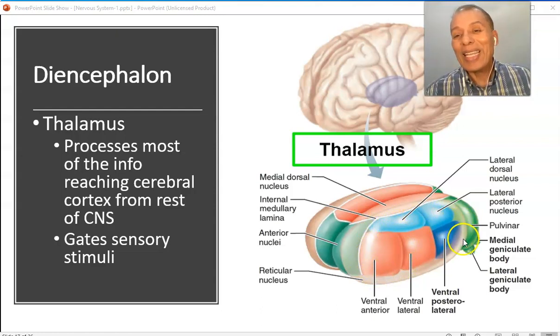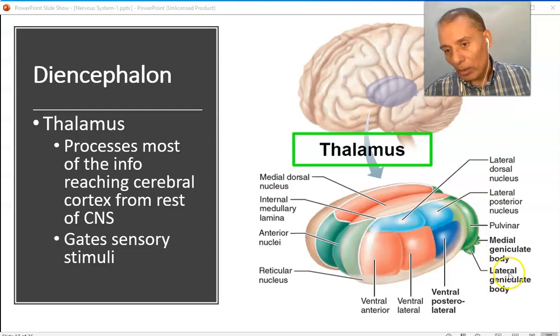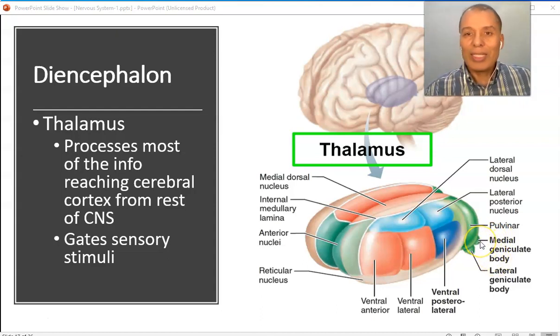It has more than 10 structures on each side. One of these structures, this little area here called the medial geniculate body, is dedicated to hearing, to auditory processing. And it can amplify the auditory signals up to 50 times.